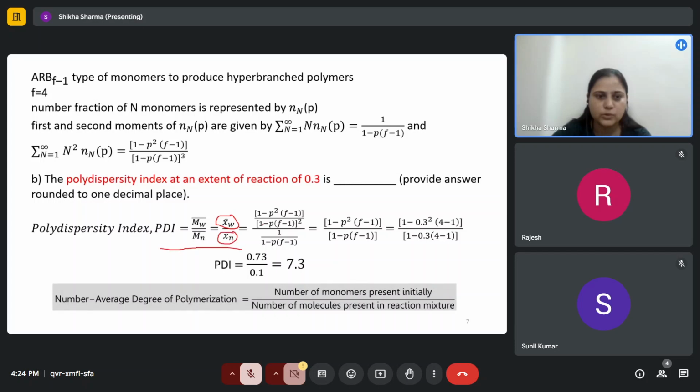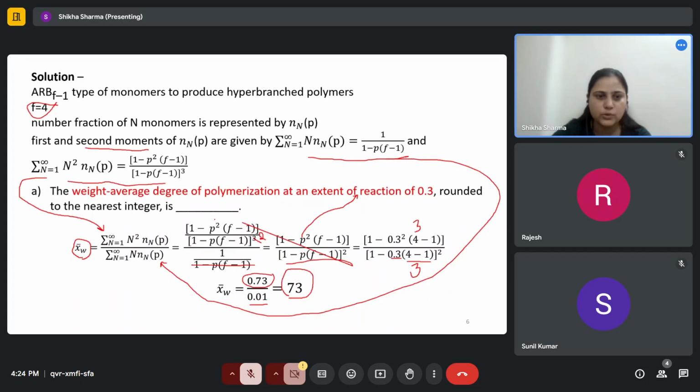It is equal to, so we know that in the numerator it's the weight average degree of polymerization. What this is, we already discussed in our previous slide, is nothing but the second moment divided by the first moment, and we get 1 minus p squared multiplied by f minus 1. Here, sorry, from this whole equation we already calculated the weight average degree of polymerization in terms of the moment values, so second moment divided by first moment.